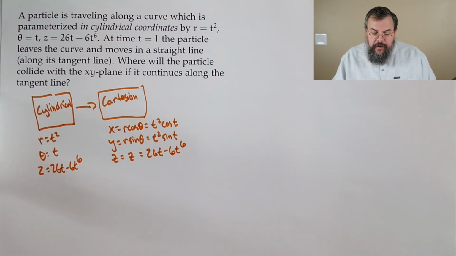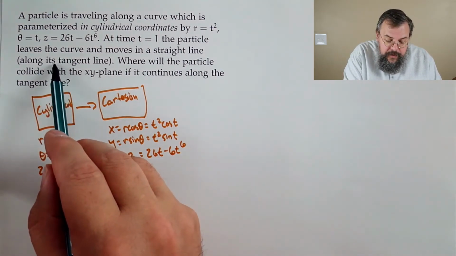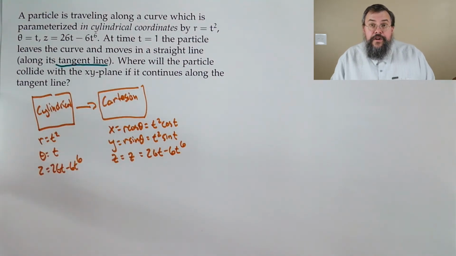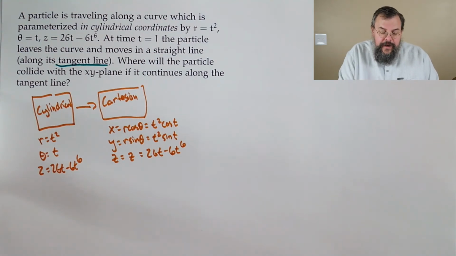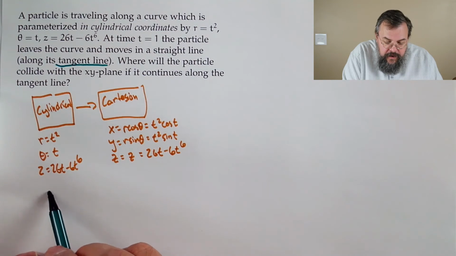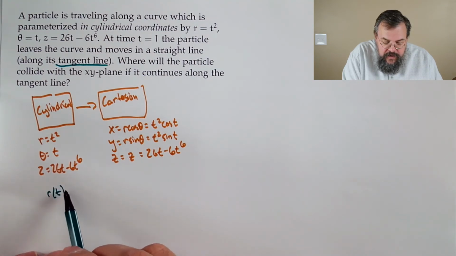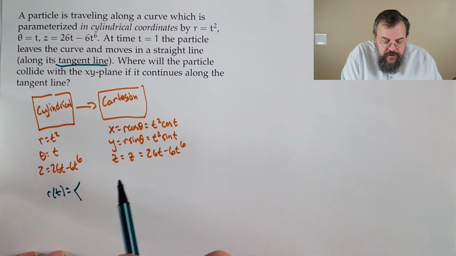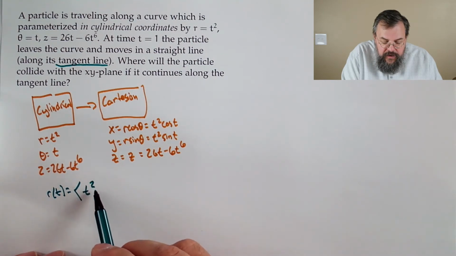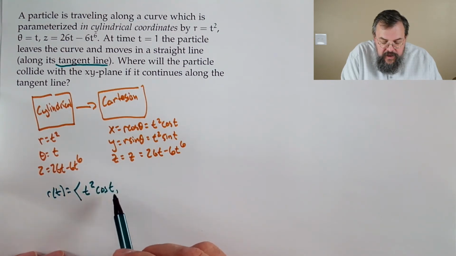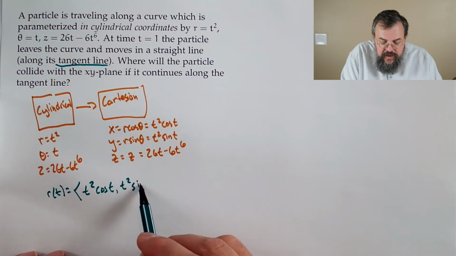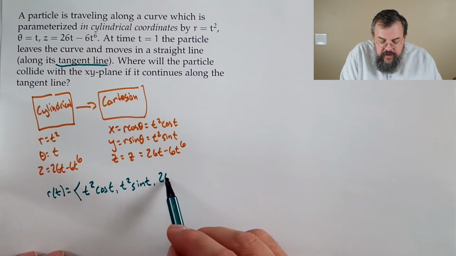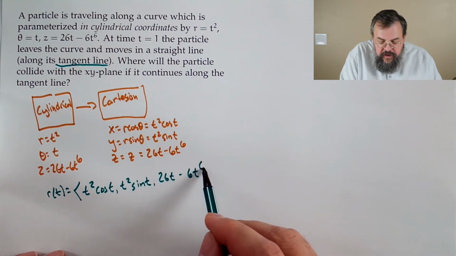So we need to figure out the tangent line, and it kind of tells us right here when it says it's the tangent line. Very strong clue. So we have, we'll call it r of t, which is what we usually use to refer to our curves: t squared cosine t, t squared sine t, and 26t minus 6t to the 6.